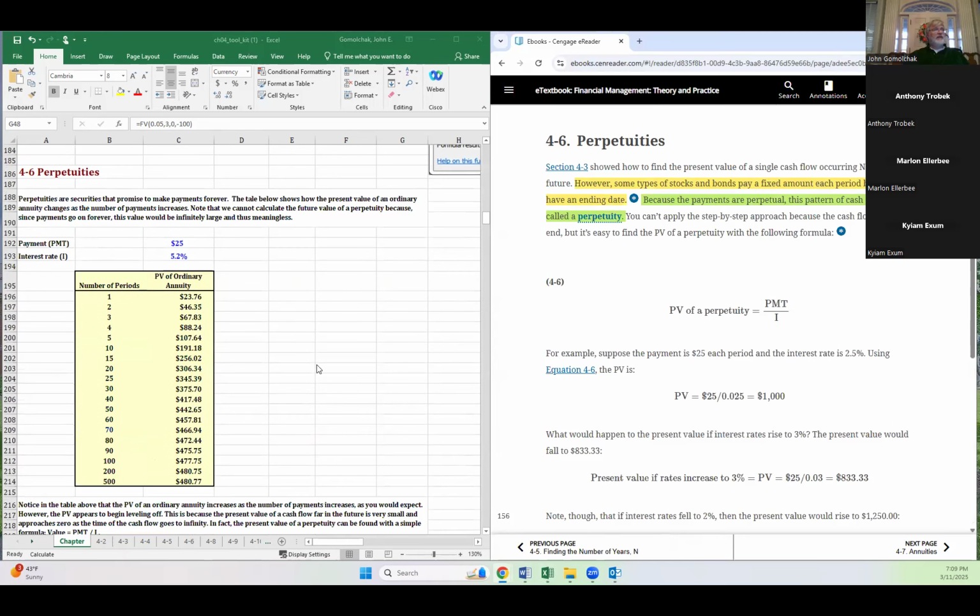Perpetuities. Now, here's your problem. Some things don't have an end. Some things theoretically go on forever. So we're talking about perpetuities. If you were to buy a corporate bond, let's say it's a 5% bond. You had to pay $10,000 to get it.